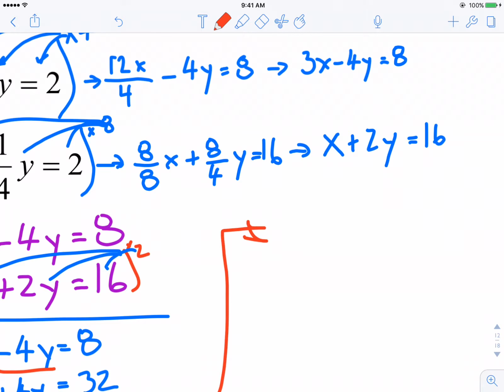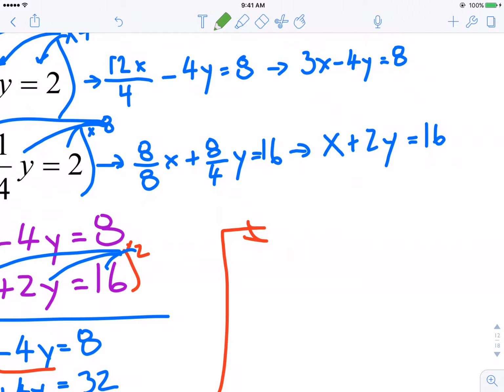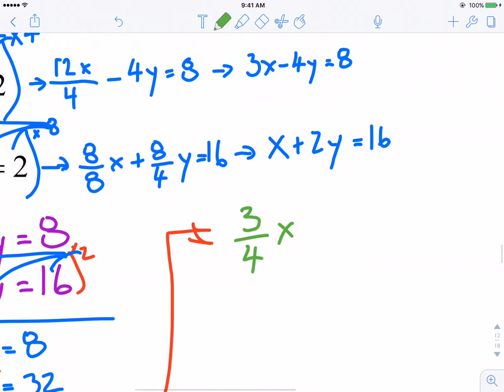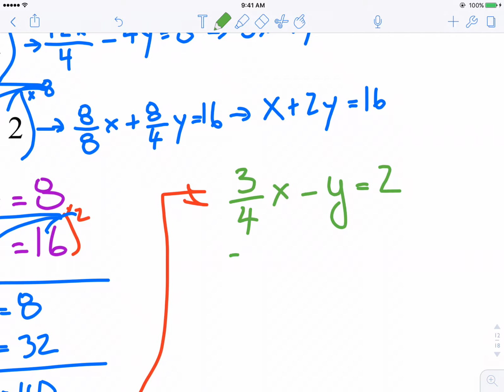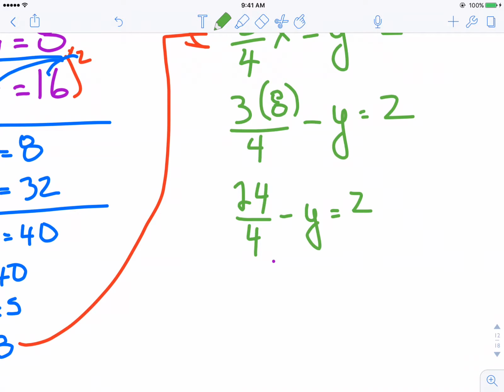So I go back to one of my original equations. I go back to an original equation just in case I've messed something up. I'm going to go 3 over 4x minus y equals 2, and I'm going to substitute in 8 for x. 3 times 8 over 4 minus y is equal to 2, which is 24 over 4 minus y is equal to 2, which is 6 minus y is equal to 2.